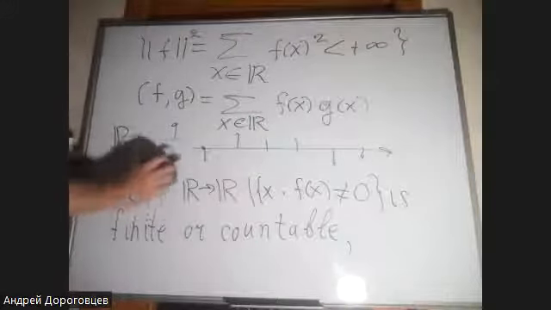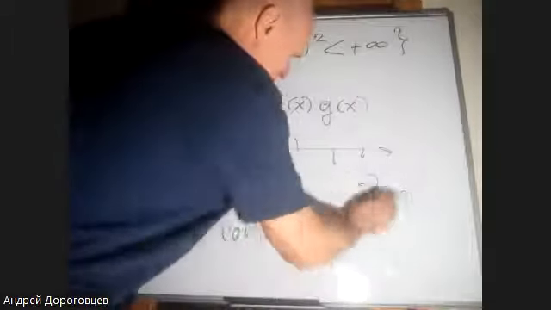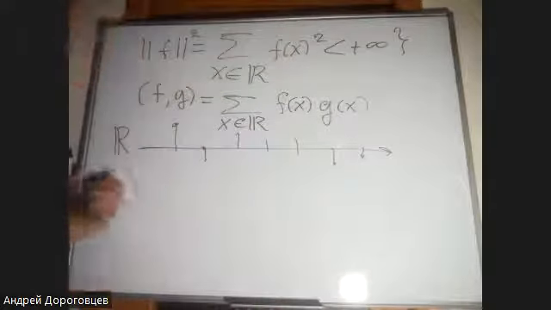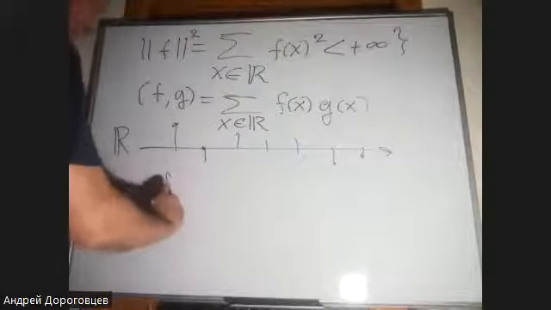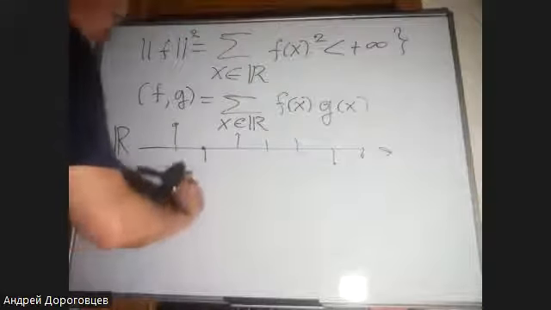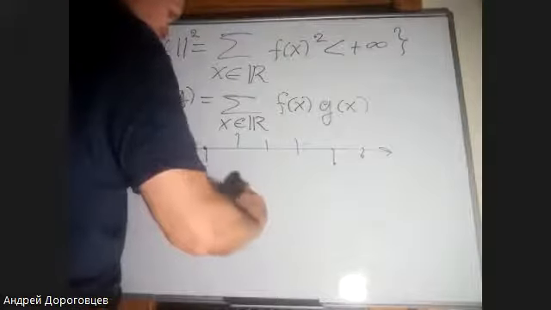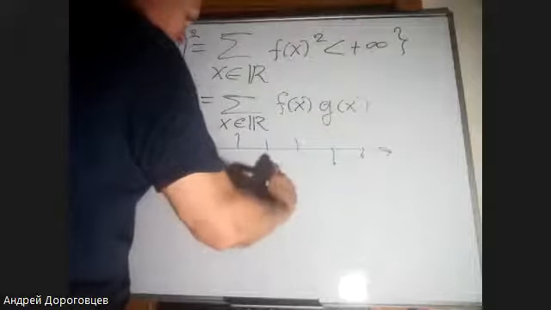Why? Because if we take, for example, such a family of functions, f_x(y) is just the indicator of the point x at y.